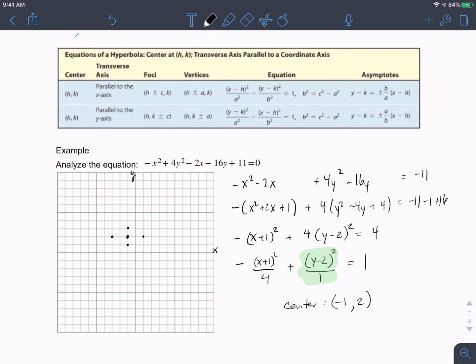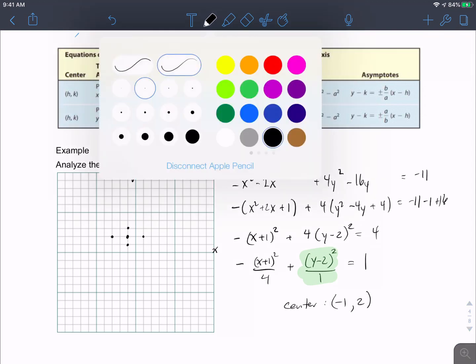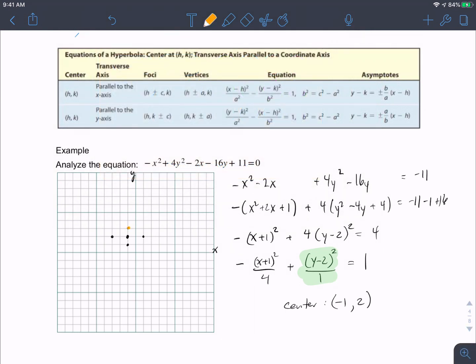And so, in fact, I'll do them as orange. This and this are the vertices for this hyperbola. Now, we're going to go ahead and make our box, and I'll do it in blue, so I can create my asymptotes.